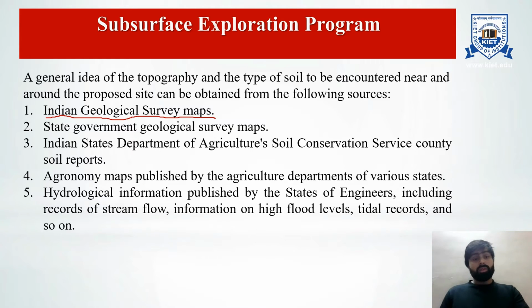Second, state government geological survey maps, Indian State Department of Agriculture Soil Conservation Service county soil reports, agronomy maps published by the Agriculture Department of various states, hydrological information published by the state engineers, including records of stream flow, information on flood level, tidal records, and so on.